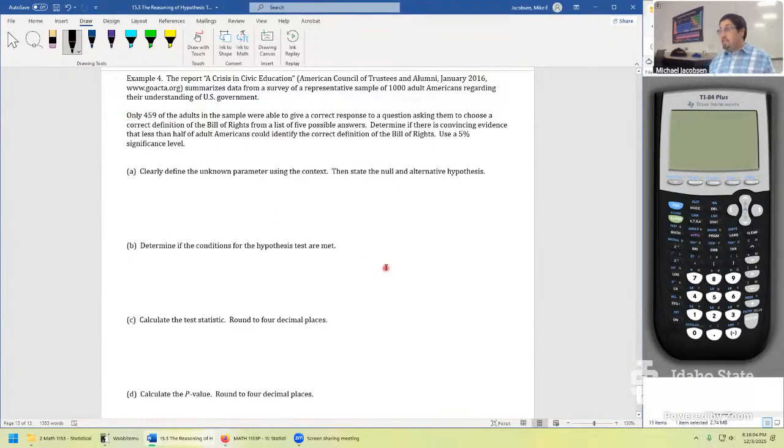Here's what they did in the study. Only 459 of the adults, so let's say N is 459 for the sample size. Only 459 adults in the sample were able to give a correct response to a question asking them to choose the correct definition of the Bill of Rights from a list of 5 possible answers.